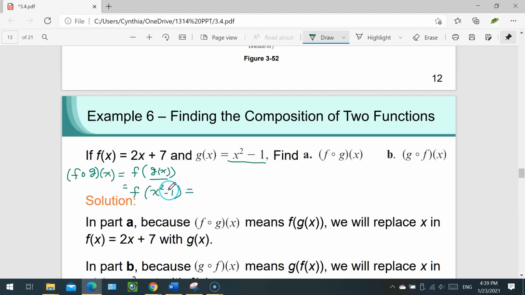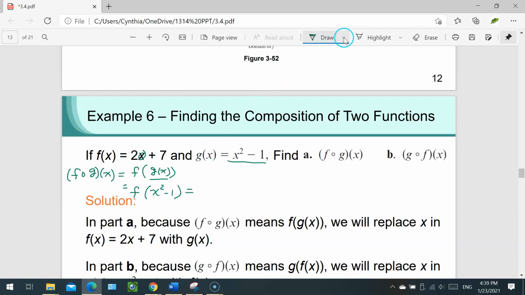Now in the whole expression up here, you only have the f function. The g function is no longer there. So now you just need to deal with the f function. F has 2x plus 7. This x is no longer just x. The x has changed into x squared minus 1.